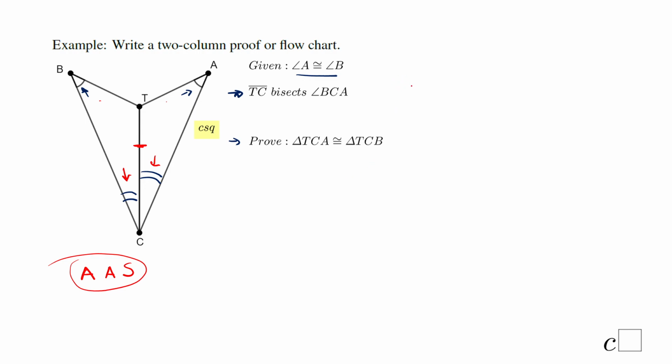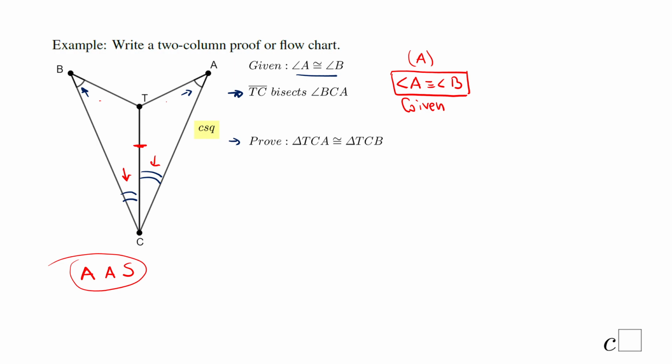You start very similar to the two-column proof. You're going to start with what is given, angle A congruent to angle B. And we're going to do a box here. This is the statement and this is the reason. So you see, very similar to a two-column proof, given, right? If you want, you can put an A just to help you.